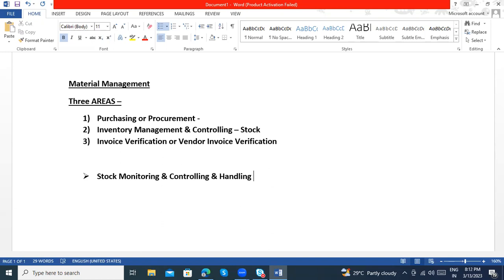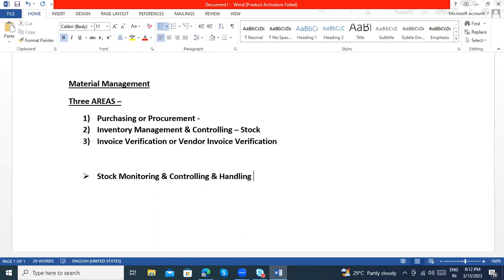When we receive the stock, it should go to quality inspection, so I will coordinate with the quality management team and ask them to do an inspection check. They will confirm whether the stock is good or bad. In case the stock is not good, either we will block the stock or we will return the stock to the vendor, right?